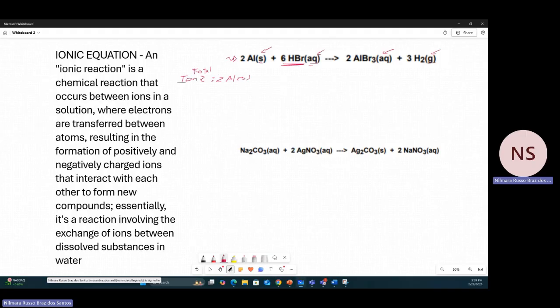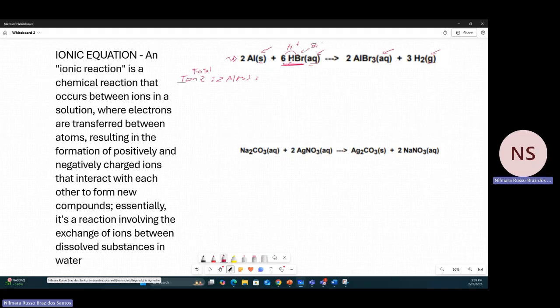But look at this. Now it's important to understand how the charge works, okay? So I have 6 hydrogen and also 6 bromine. I know hydrogen is +1, and I know bromine is in group 17, so the charge is -1.